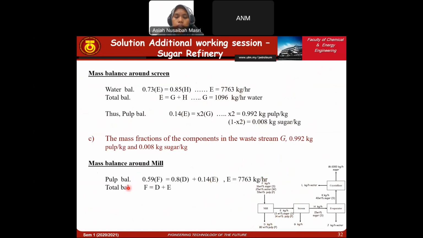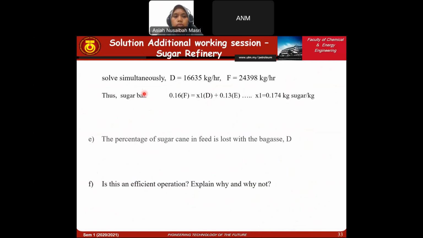Then we do the total balance. F is equal to D plus E. E we also know, so we are left with 2 equations and 2 unknowns. With that, we solve simultaneously. Then we get D is equal to 16,000, F is equal to 24,000.